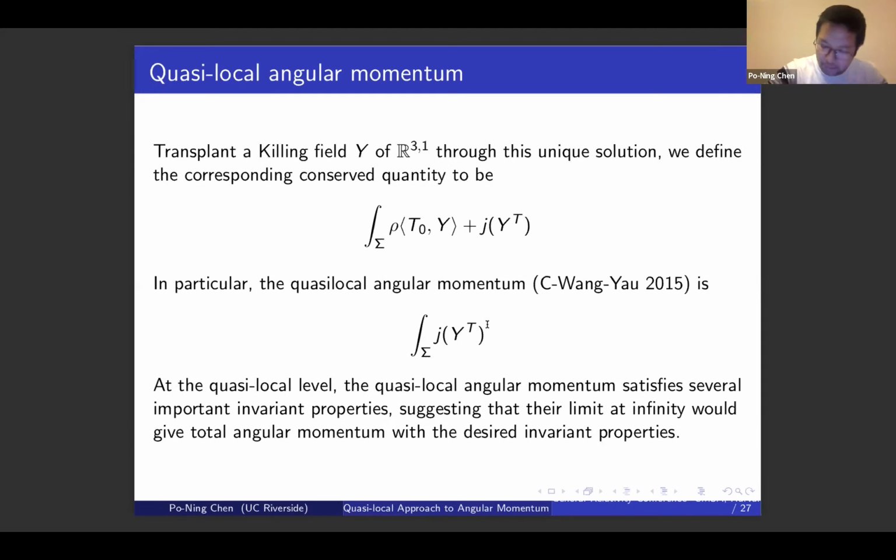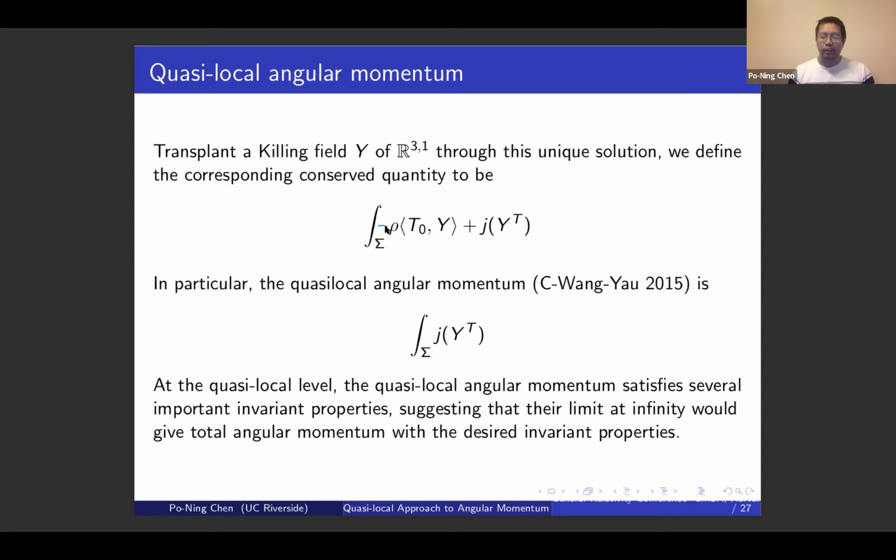Sorry, I'm actually missing an image from here. So of course, if I take Y to be t0, this will recover the quasi-local energy that we wrote down before. Right, t0 dot t0 is -1. We mentioned before that the tangential part of t0 is minus gradient tau. Okay.